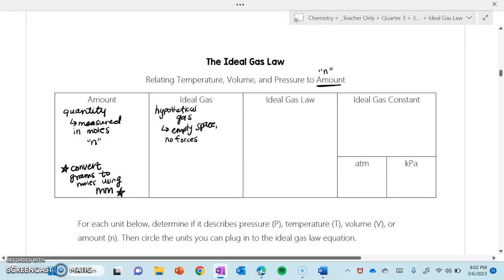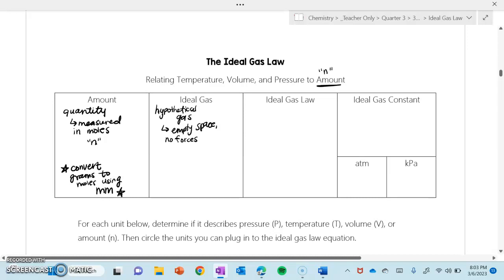It's because gases are not ideal in reality. They are not empty space, and there are forces between particles. So if you were to continue chemistry in the future into higher level physical chemistry, there is a more complex gas law relating amount to temperature, volume, and pressure, where it's not ideal, and it's more of a real world gas.